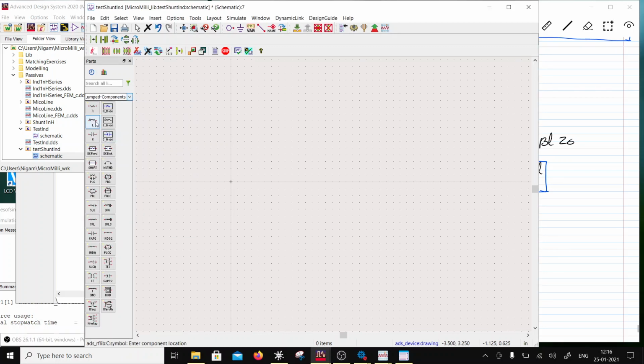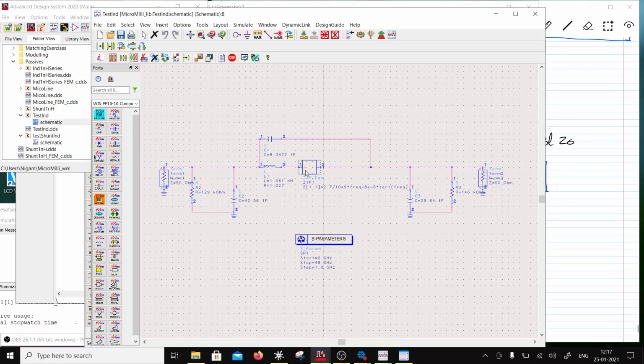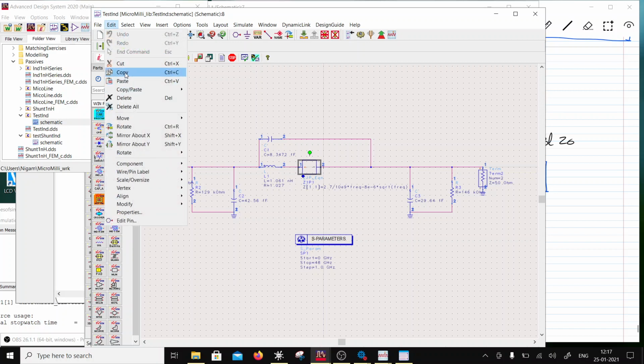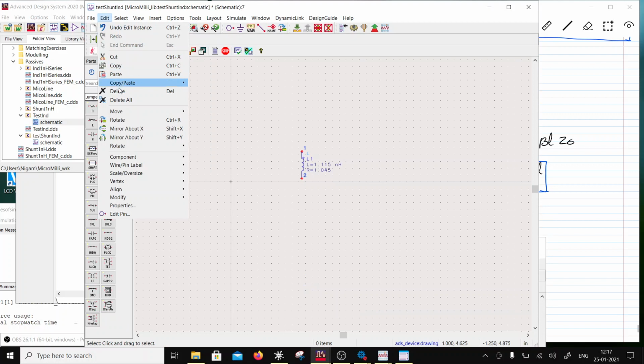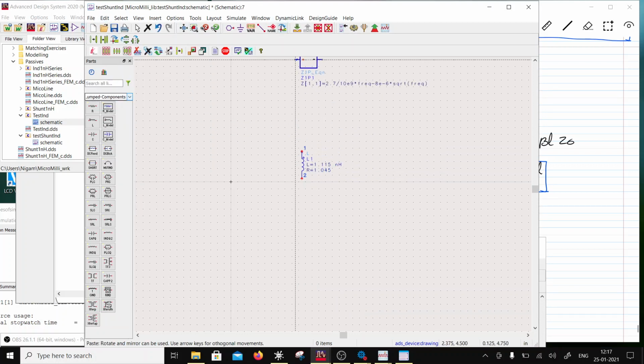The inductor value turns out to be 1.115, and the DC resistance is 1.045. As far as the variable, I will go to the series model, copy it, and paste it over here. And I'll just rotate this.